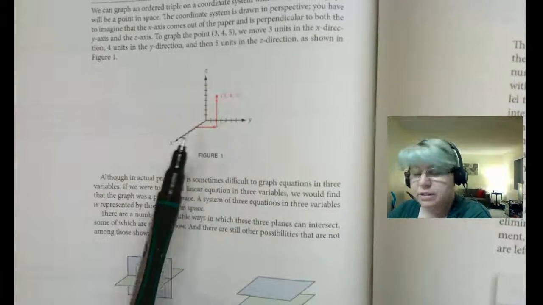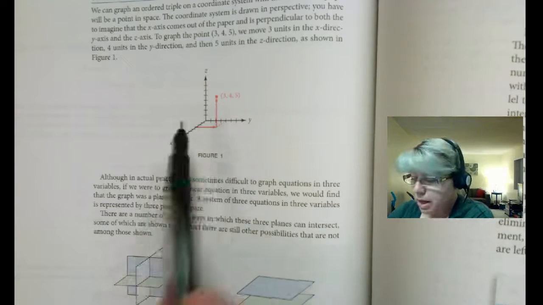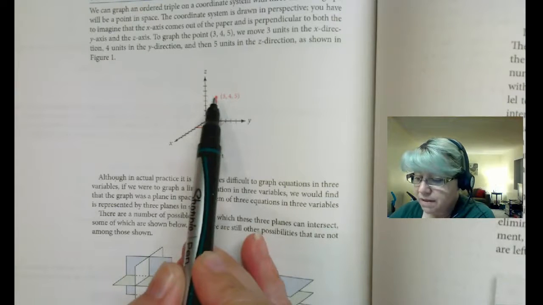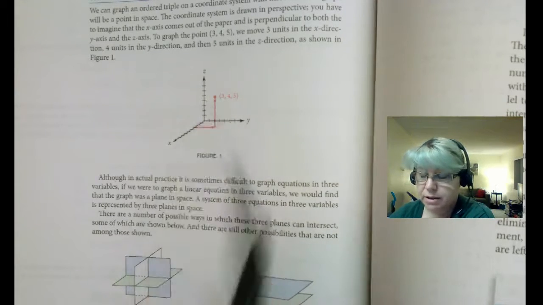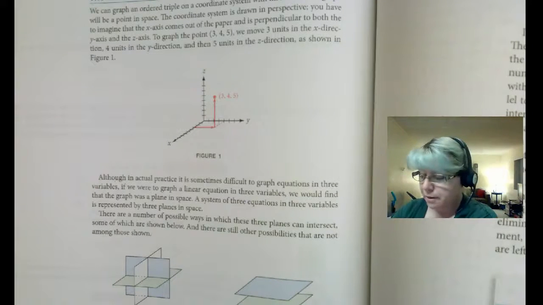So here's our graph, and in essence, if I had (3, 4, 5), I'd come out 3 on the x, move over 4 on the y, and up 5, and I'd be floating in the air, a space in the air, right? Not on a flat plane, but hovering in the air.